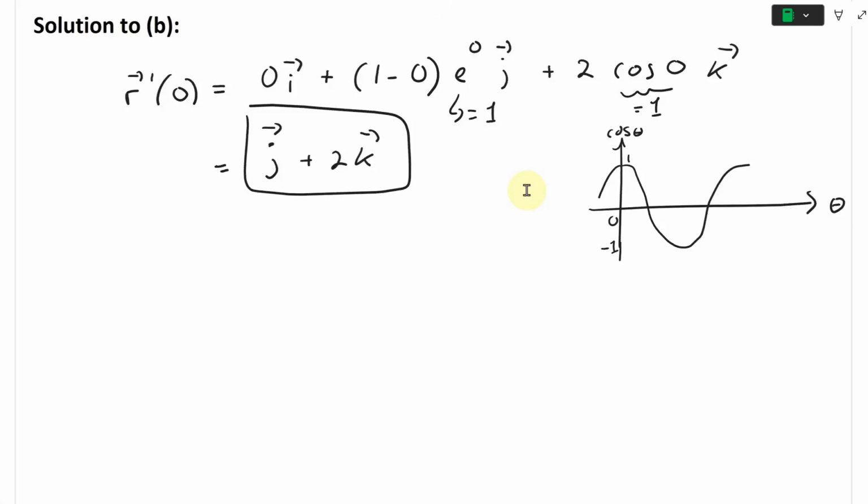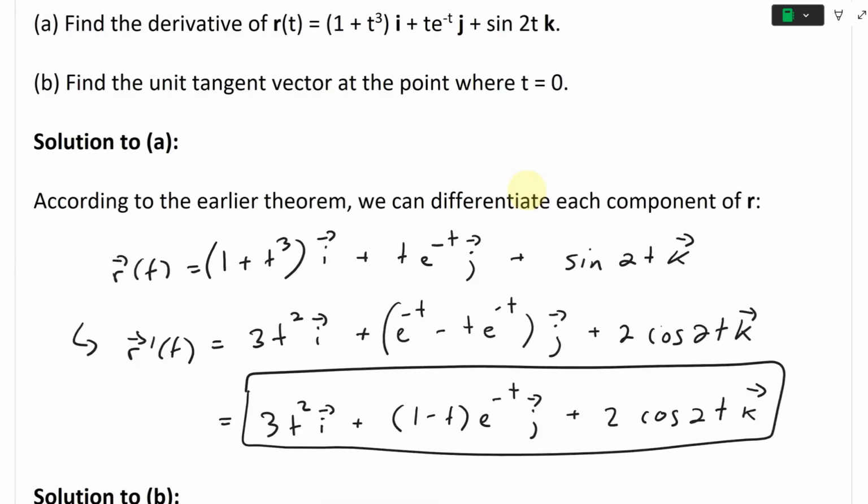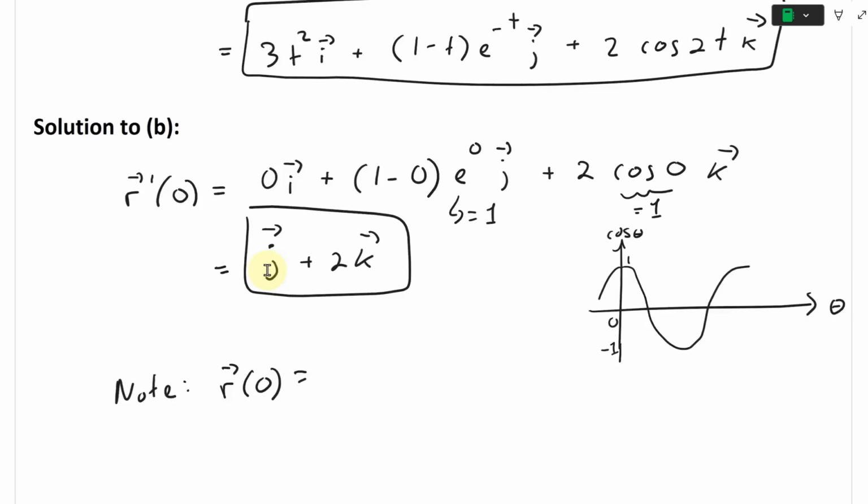And also note, let's just take the regular value. So note that r of 0, just so we know what the point is. So let's go to the original one right here. So 1 plus t cubed. So put a 0 there, that just becomes 1. So we're just going to have a 1 plus 0i.